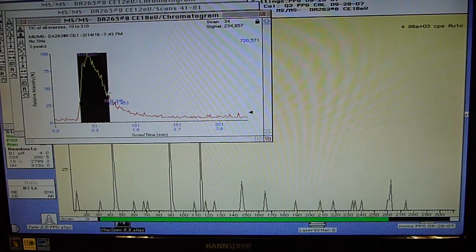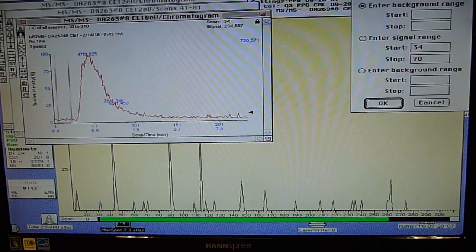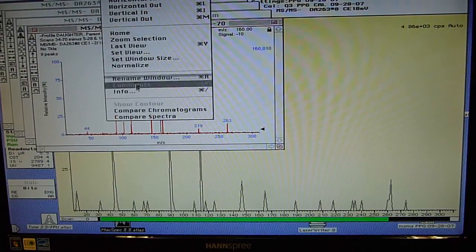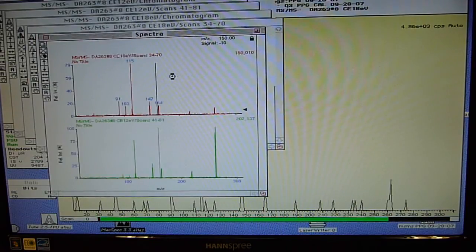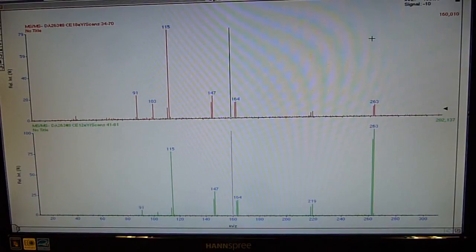This is our chromatogram, our total ion current, and now let's compare the spectra. And we'll set this full scale.